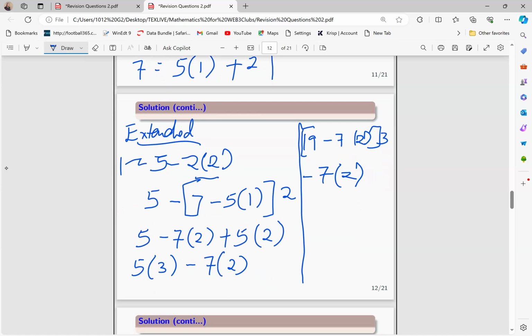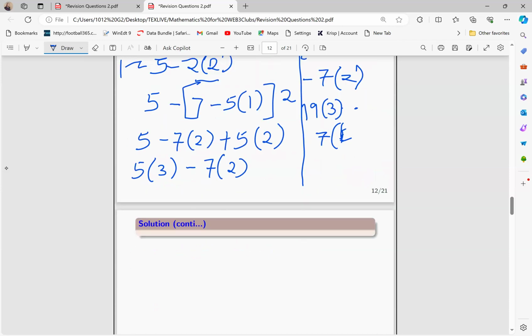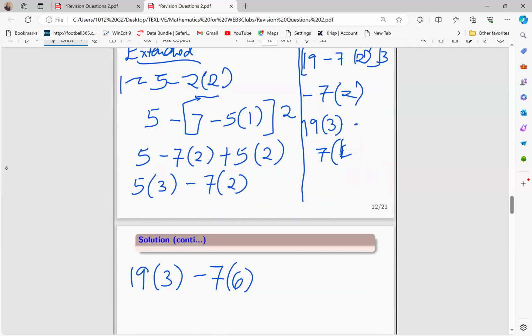Then that becomes 19 multiplied by 3 minus 7 multiplied by 6, minus 7 multiplied by 2.